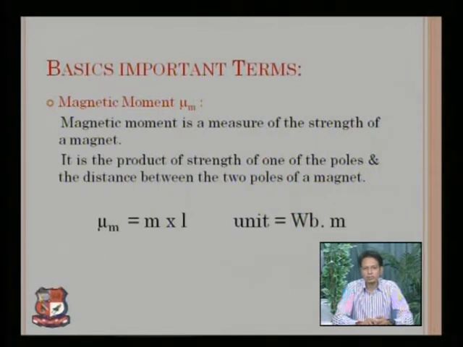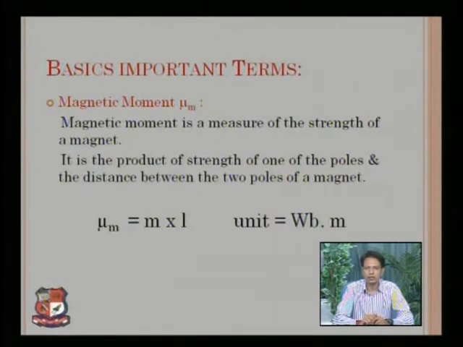Let us move towards the next point, that is magnetic moment. The first line of this definition tells us what magnetic moment actually is. The symbol of magnetic moment is μm.